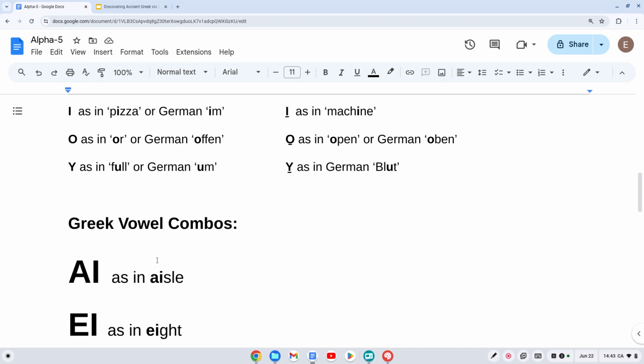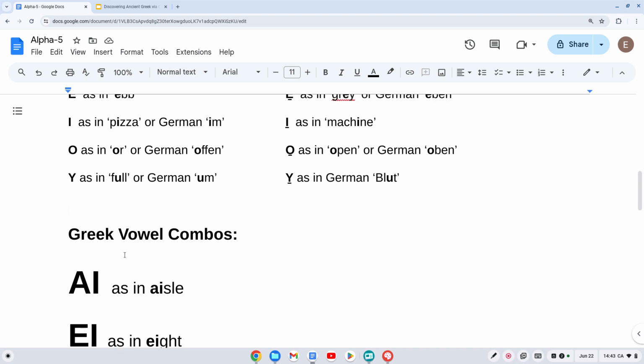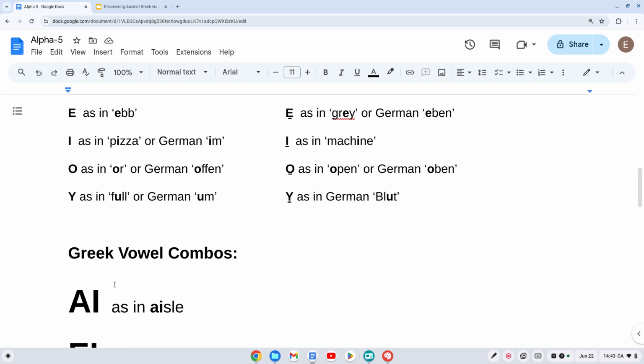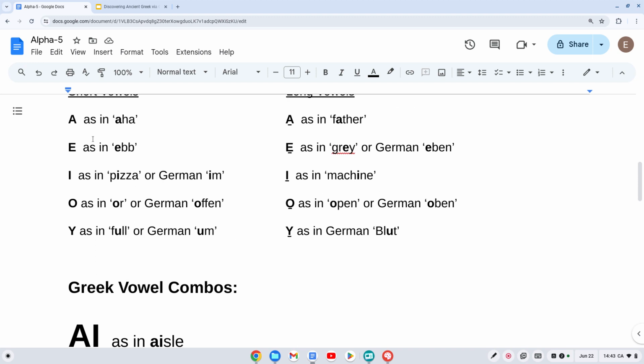Anyways, now sometimes the Greeks will combine certain vowels, and I'll give you the pronunciations I'm going to use, which are basically what the vowels sound like, but what they would sound like if you compress them together.